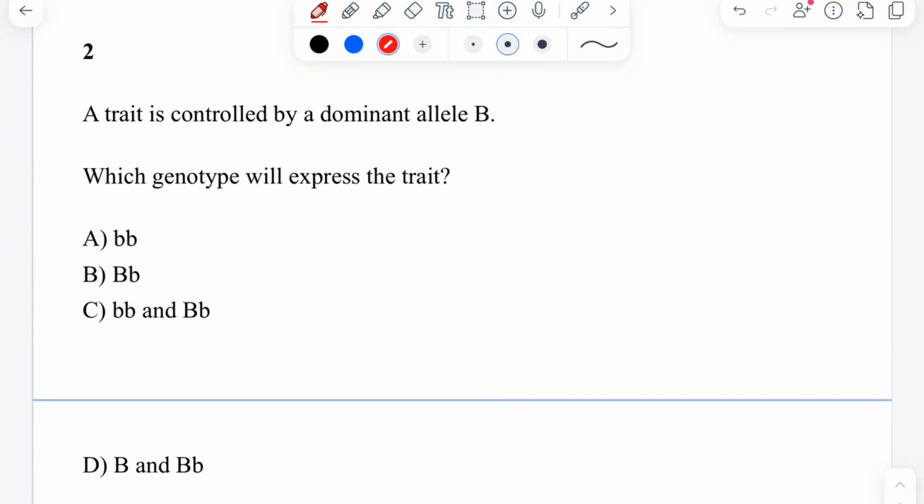Number two question. A trait is controlled by a dominant allele. Which genotype will express the trait? So we can write like this. We multiply.